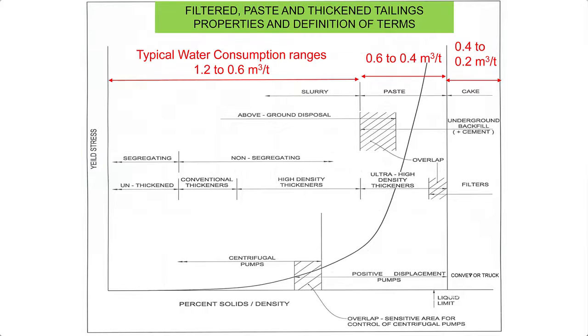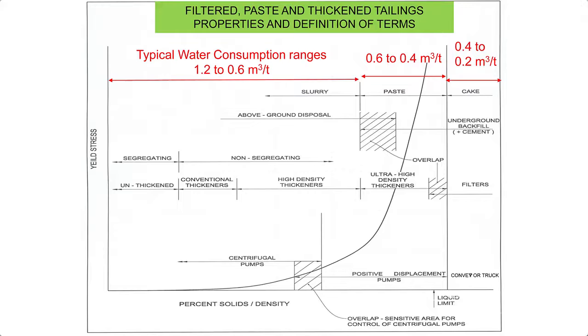This is a sort of generic slide that tries to indicate the progression from a slurry through to a paste, through to a filtered or cake type material in terms of thickening and dewatering of tailings slurries.